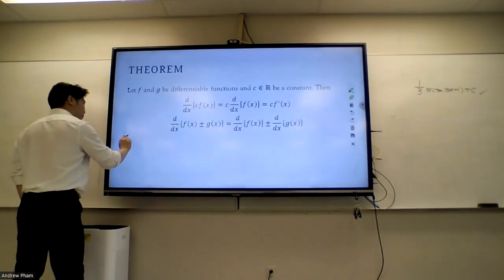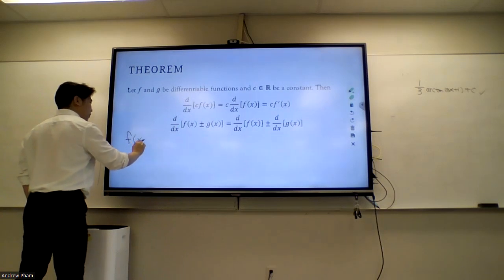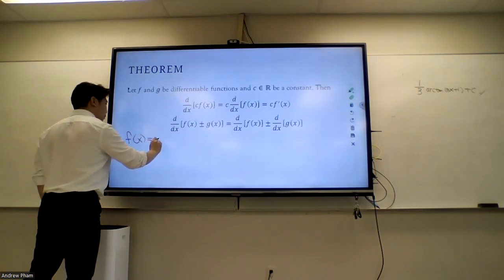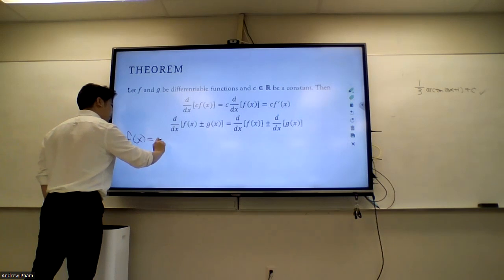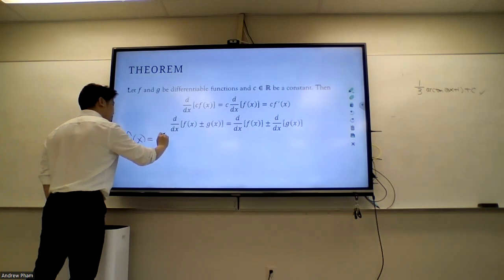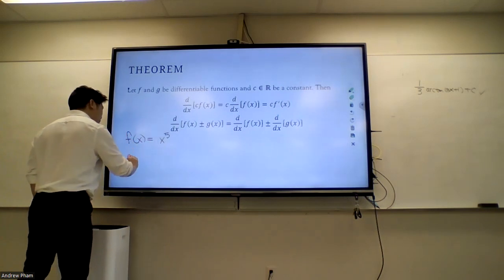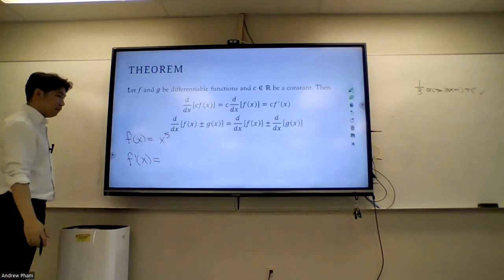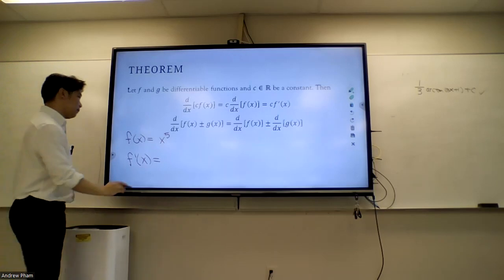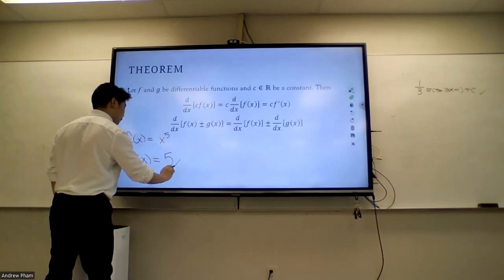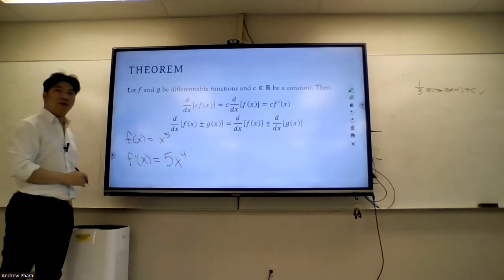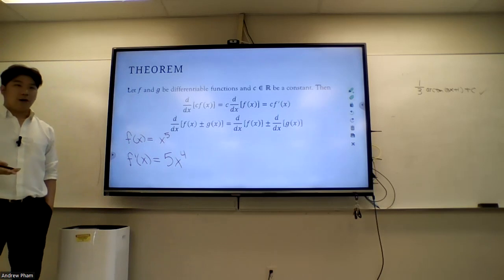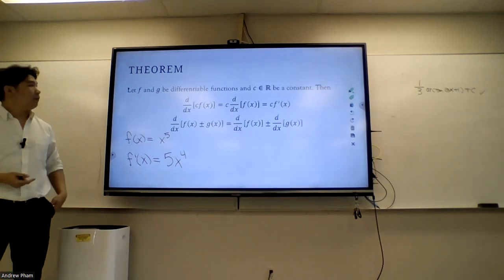So for example, let's say I had f of x is equal to x to the fifth power. Someone tell me what's the derivative of that based off what we know so far? Yeah, 5x to the fourth power. This is what we've learned from the power rule.